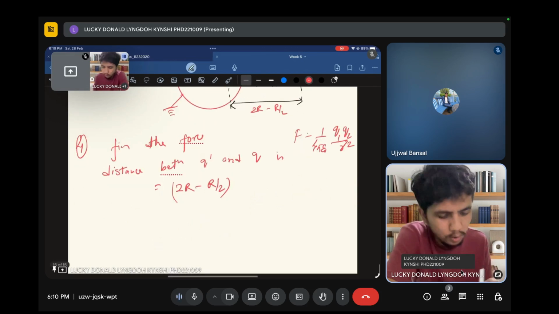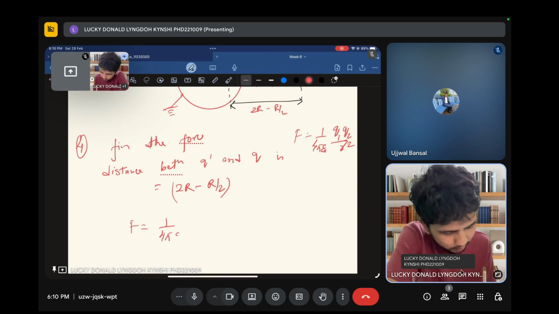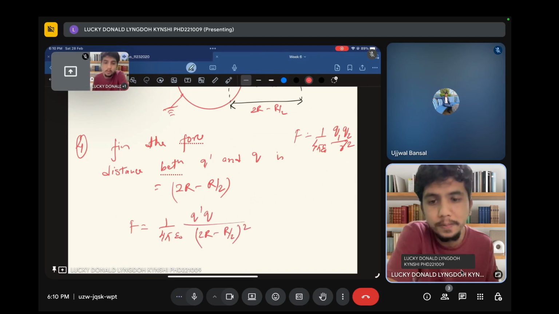Okay, so now you know the distance. Simply, the force is equal to 1 by 4 pi epsilon naught, q prime times q, divided by the distance, 2r minus r by 2, whole square.